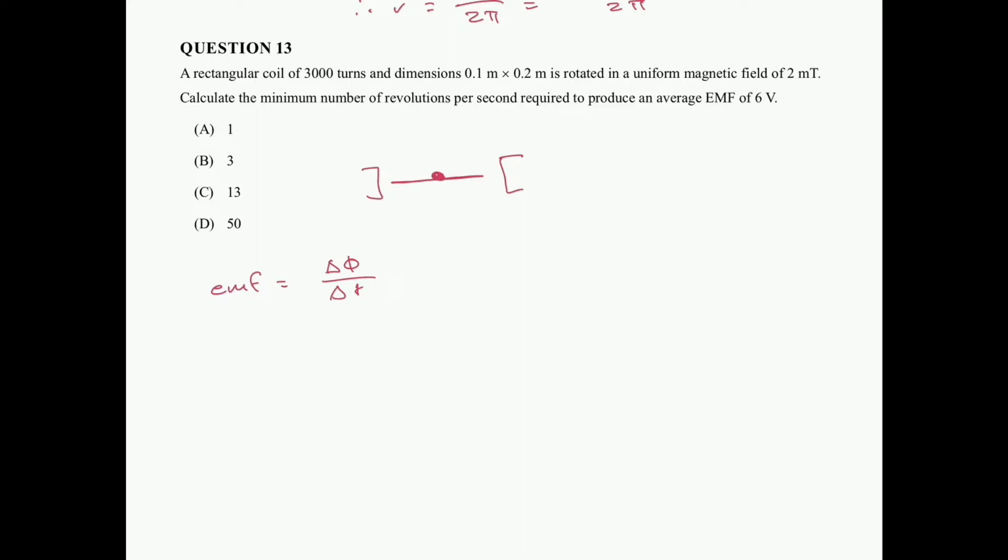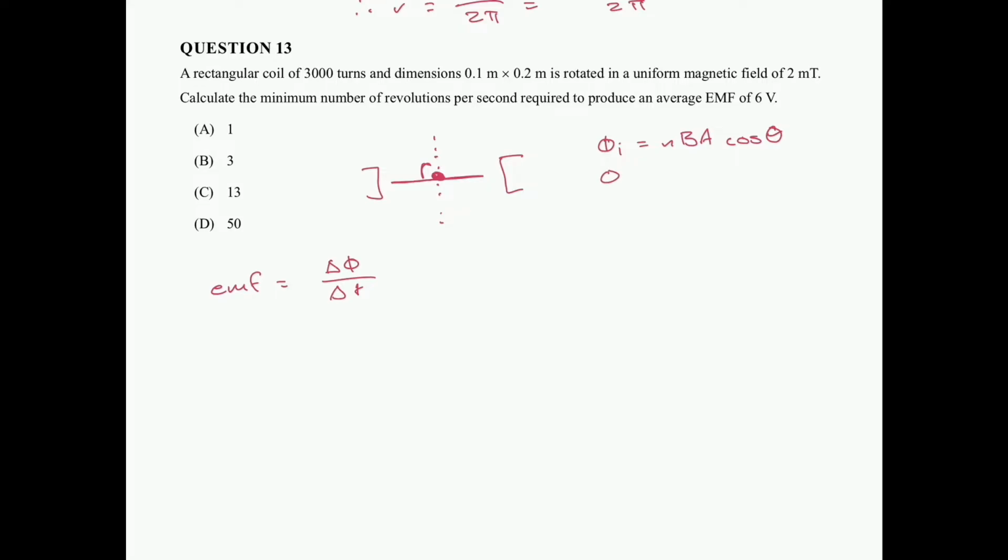The reason I'm choosing parallel is because I know the initial flux at that point is going to be equal to NBA cos theta, and it's at 90 degrees. When we talk about theta, it is the angle from perpendicular to the magnetic field. Our magnetic fields are traveling like this again, and that dotted line is perpendicular, and that's 90 degrees when it's like this.